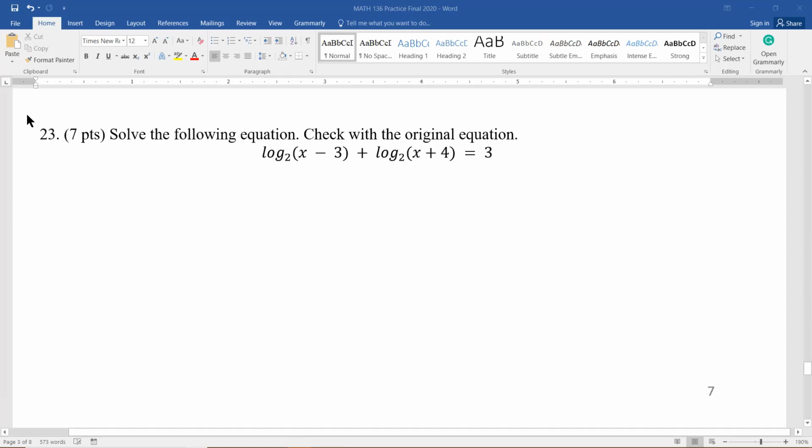All right, question 23, we're going to solve this equation, and keep in mind we must check in the original to make sure they both work. First thing we're going to do is use the product property to combine these two. Since there is addition in the middle of these two logs and they have the same base, we can combine them to be log base 2 of x minus 3 times x plus 4.